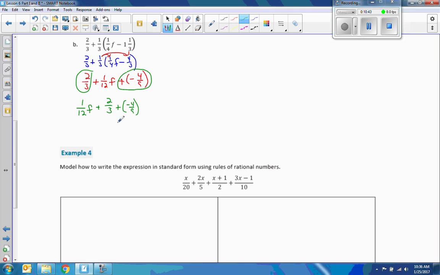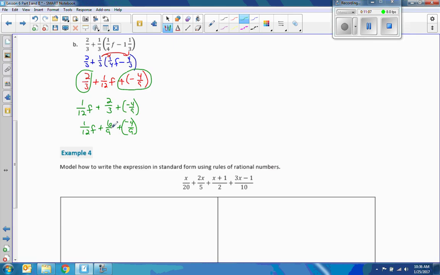Okay, in order to add like terms, fractions, the denominators have to be alike. So I'm bringing down my 1/12 f, and I need a common denominator of 9. 3 will go into 9, 9 goes into 9, so this does not change. 3 times 3 is 9, so 3 times 2 is 6.